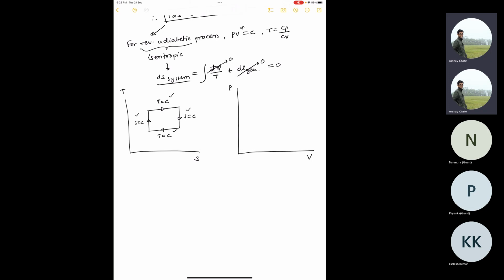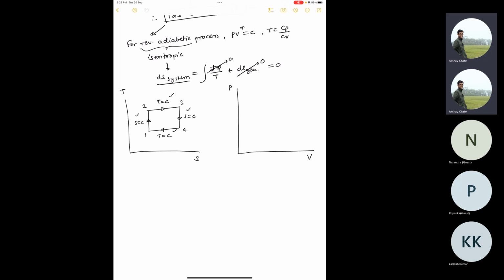So basically what is happening is, let's number these processes. Yeah, we can rename these points as 1, 2, 3, 4. Between 1 to 2, you are doing reversible adiabatic compression, which is isentropic compression.